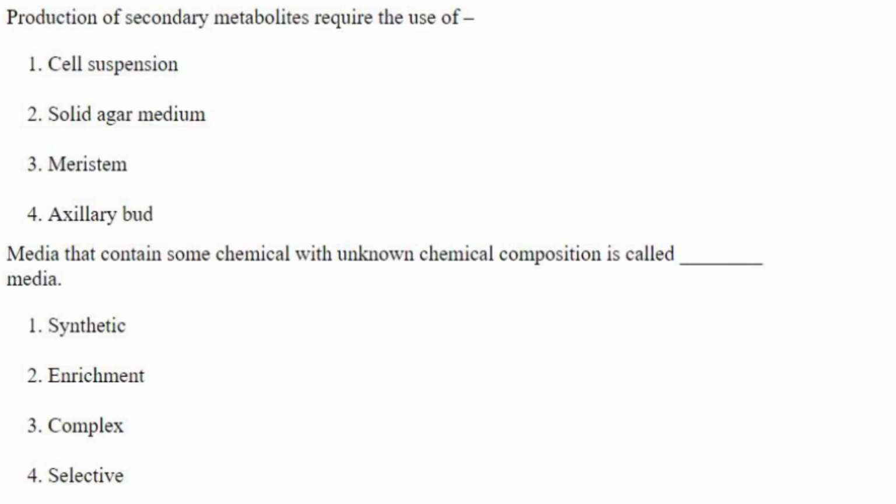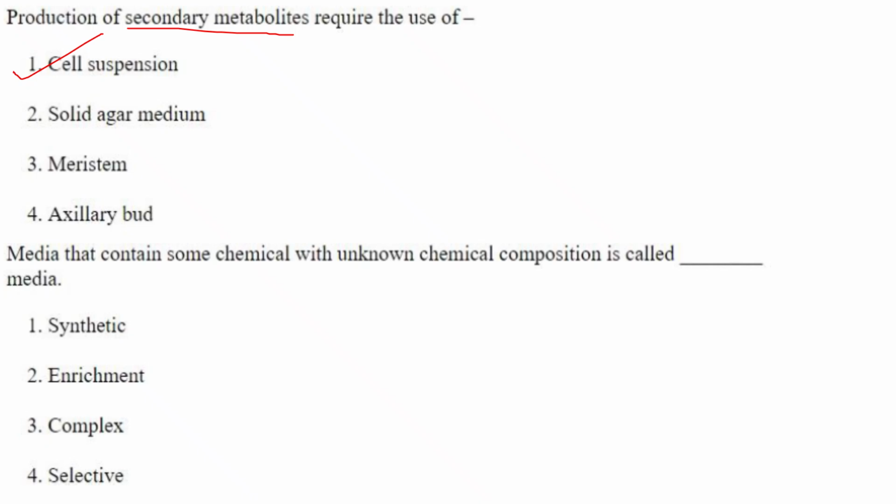Then, for the production of secondary metabolites you require the use of... In plant biotechnology, for production of secondary metabolites you usually use cell suspension cultures, because in this method the plant cells grow in a liquid medium that is constantly kept agitated.